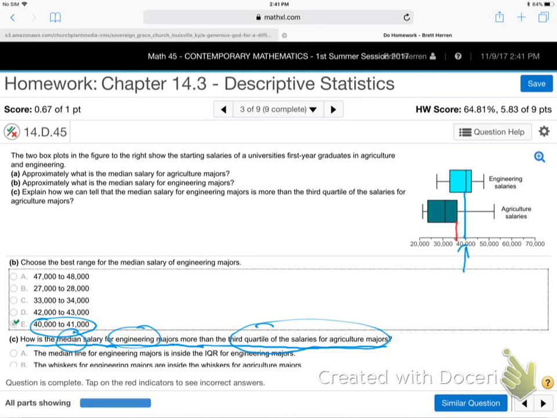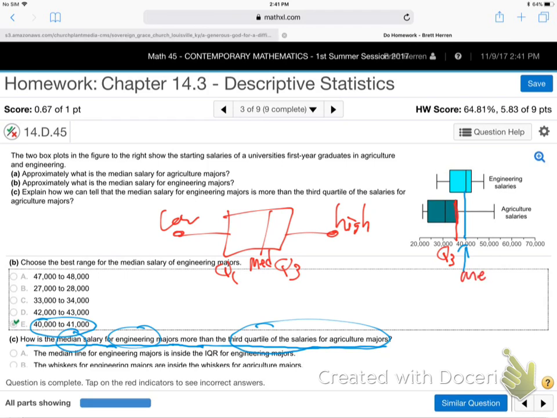It's right there. Remember, Q3 is on the right edge. Remember, for any box, let me draw it again for you. The right edge is Q3, the middle is the median, the left edge is Q1, and this is low, and this is high. Remember, it's the 5-number summary: the 2 ends and the 3 parts of the box. So the right edge of this box here is Q3.